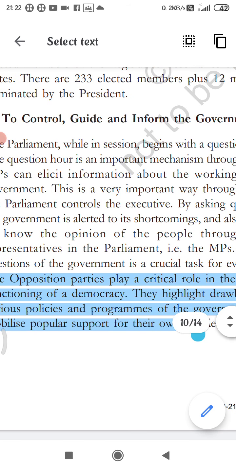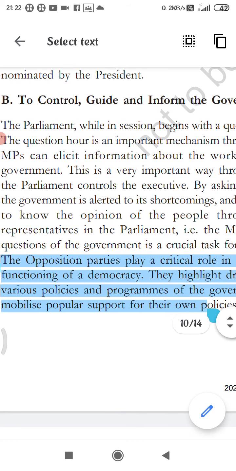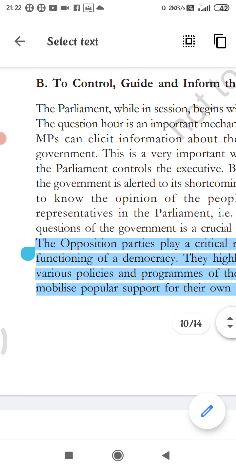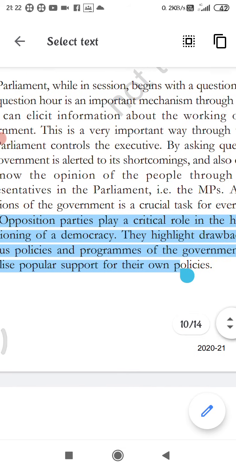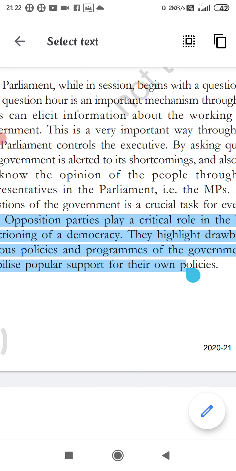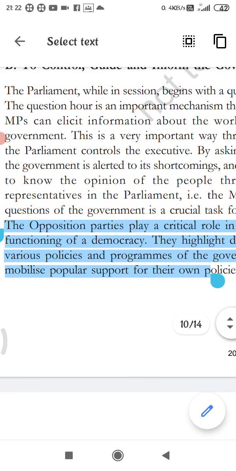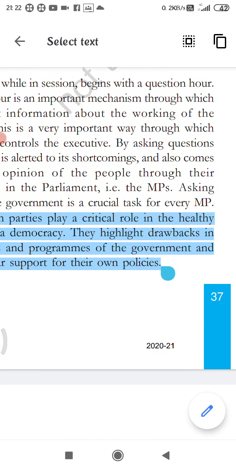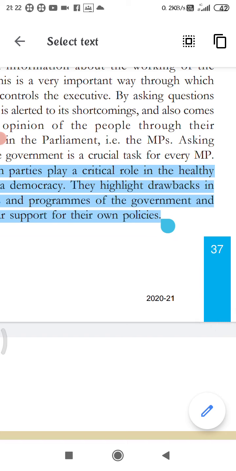These 4 lines: the opposition parties play a crucial role. They highlight drawbacks in various policies and programs of the government, criticize it, and mobilize popular support for their own policies. So the political parties criticize the functioning of the government and try to popularize the policies and programs of their own party.